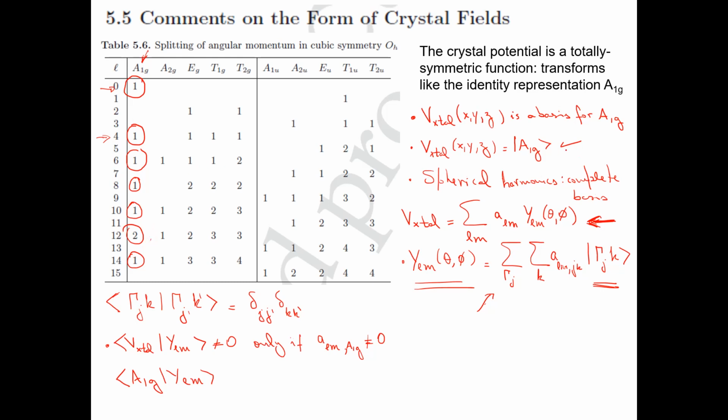And the reason for that is that the crystal potential is a totally symmetric function, and it transforms like the A1g representation. Okay, so this is also a very powerful result that we get from group theory.